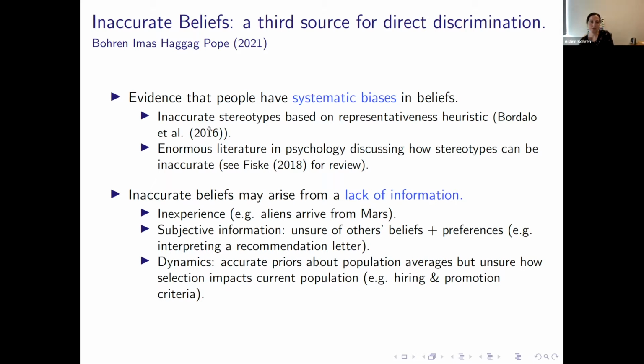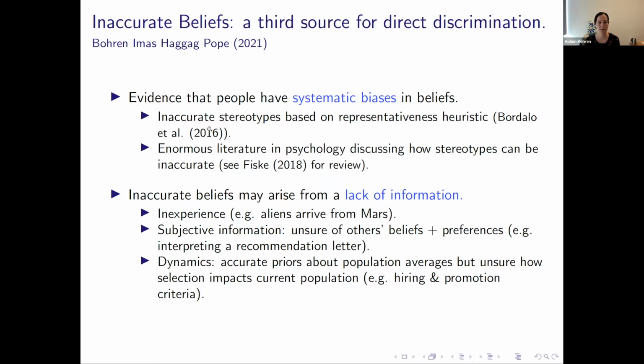Whereas something like a recommendation letter is filtered through other people's preferences and beliefs. So in order to interpret that recommendation letter, you need some sort of model of other people's preferences and beliefs. That's a lot more complicated than having a model of, say, how test scores are generated, because there's a lot of heterogeneity in beliefs and preferences. It's not something you can easily observe. So it's quite complex to have a full understanding of how recommendations are generated based on how other people choose to write them.